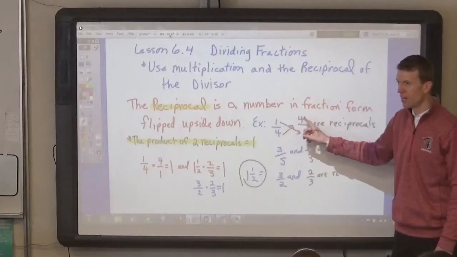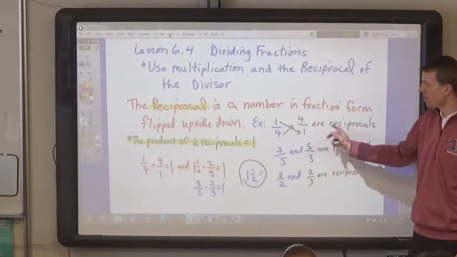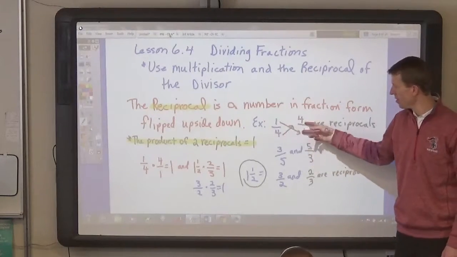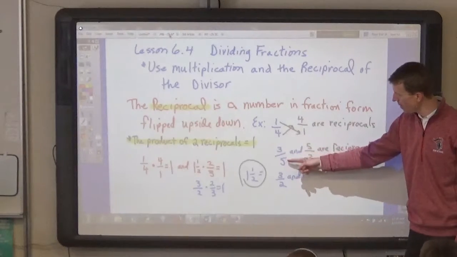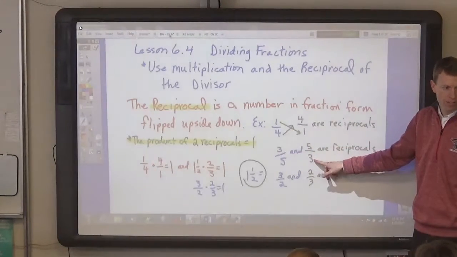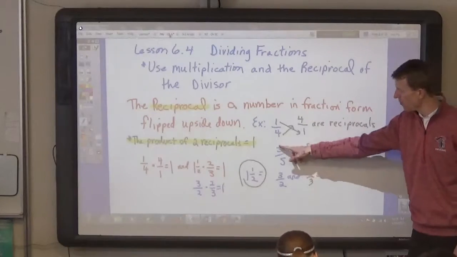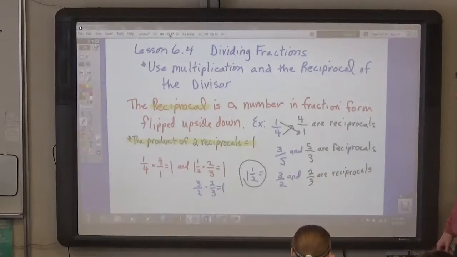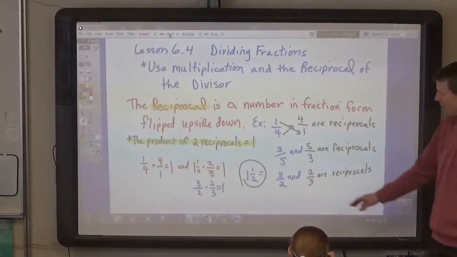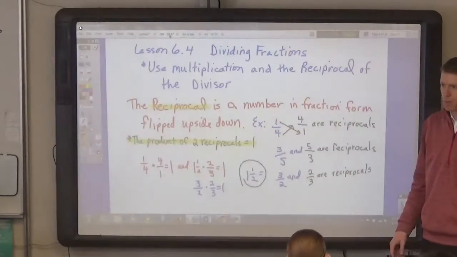So you'd have 1 times 1 and 1 times 1. The answer is 1 if you multiply these. The answer is 1 if you multiply 3/5 times 5/3. Okay? Because you factor the 3s, you factor the 5s, and you get 1. Same with 3/2. 3/2 and 2/3 are reciprocals.